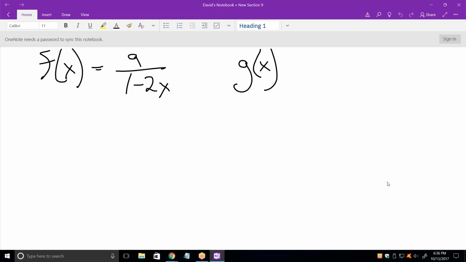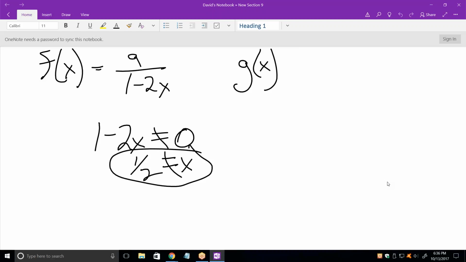So whatever makes the entire denominator 0, that's what x cannot be. To solve for the domain of just f of x, I make 1 minus 2x not equal to 0. When I solve that, I get x cannot be 1/2. That is the only value that x cannot be.